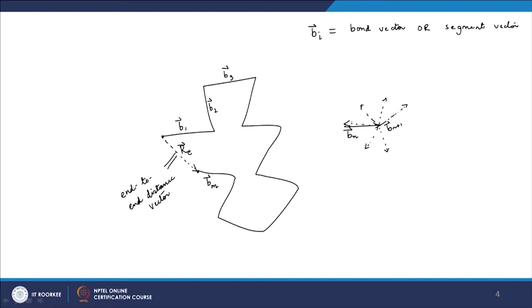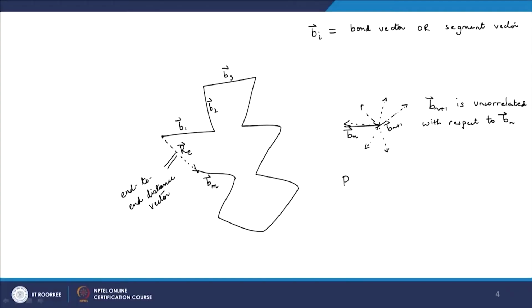Okay, and we will talk about this in a moment. What does the folding back mean and so on. So, Bn plus 1 is uncorrelated with respect to Bn. This really means that Bn plus 1 can be at any angle with respect to Bn.